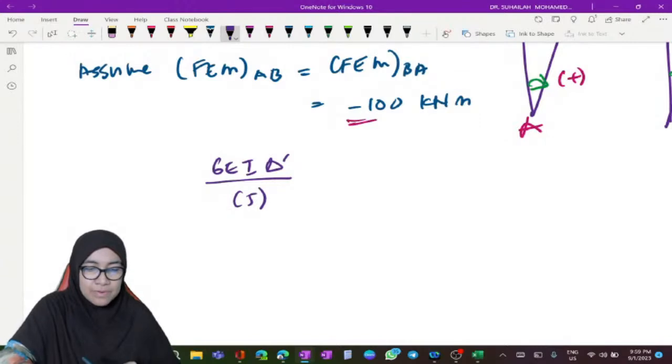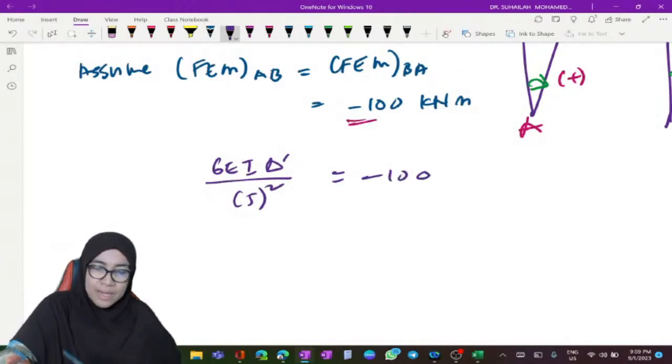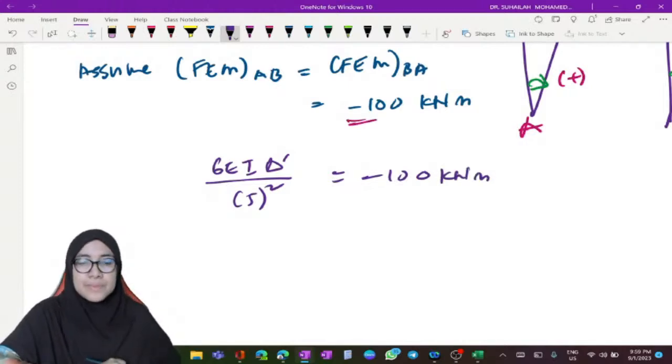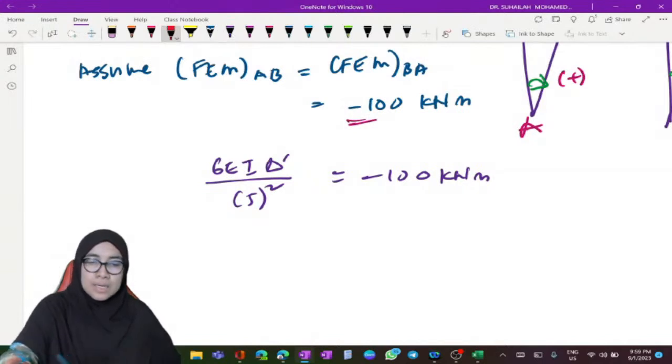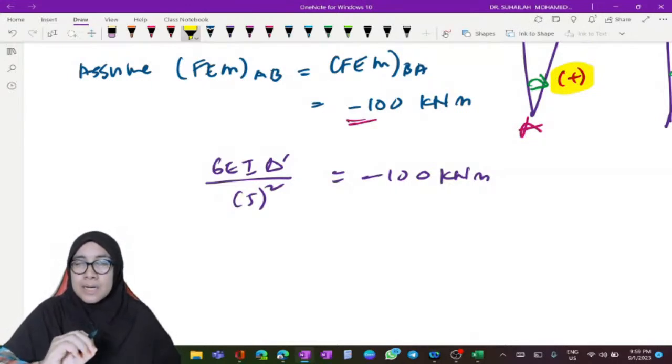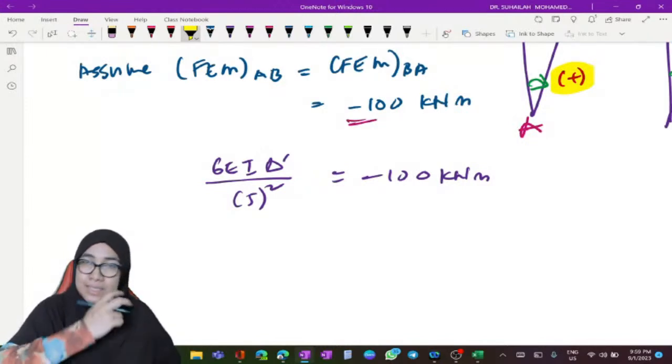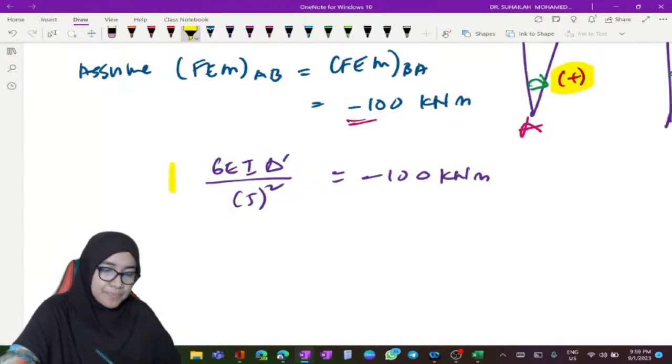Over L squared, this is 5 squared. And this is equal to negative 100 kilonewton meter. I want to put the angle sign, which is positive, here to represent the opposite condition.